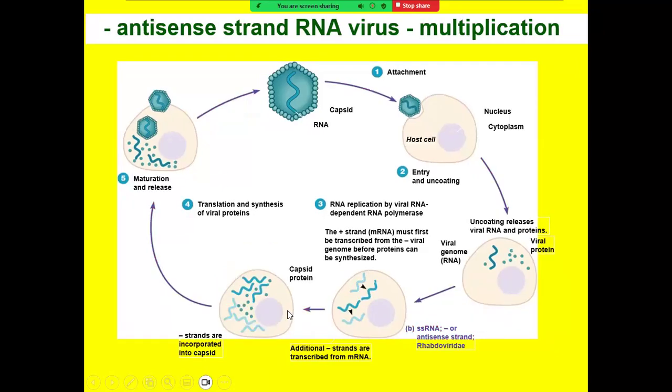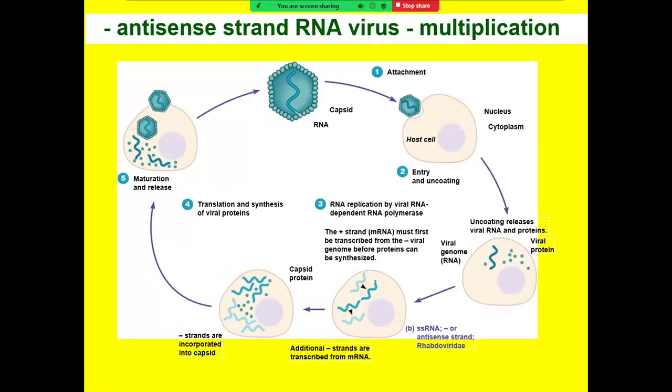All right, a negative strand, single strand RNA virus will also bind to those cells and enter either by fusion of the viral envelope with the cell membrane, or by endocytosis and be brought into the cell.